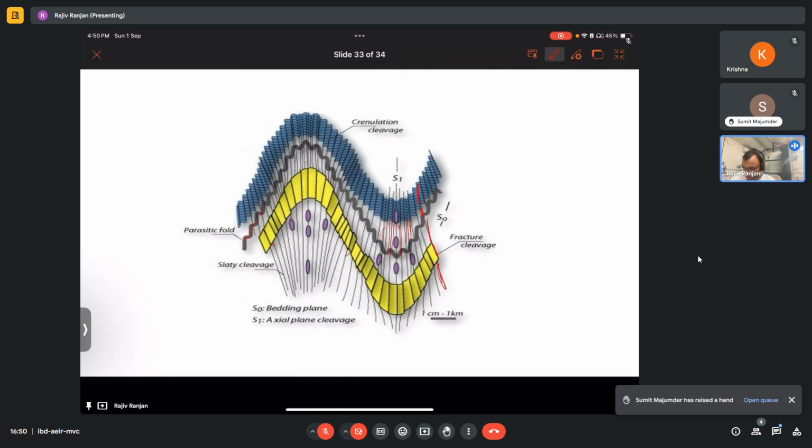This angle is not the same as this angle. This angle and this angle are the same because of the same competency. And you can see here there is a fanning, where the cleavages converge. So we can see here the flexure cleavage.